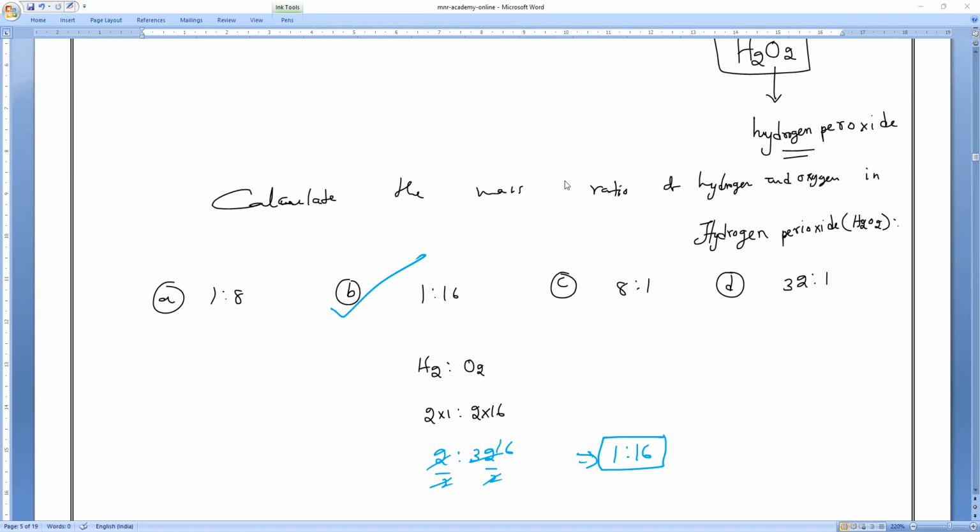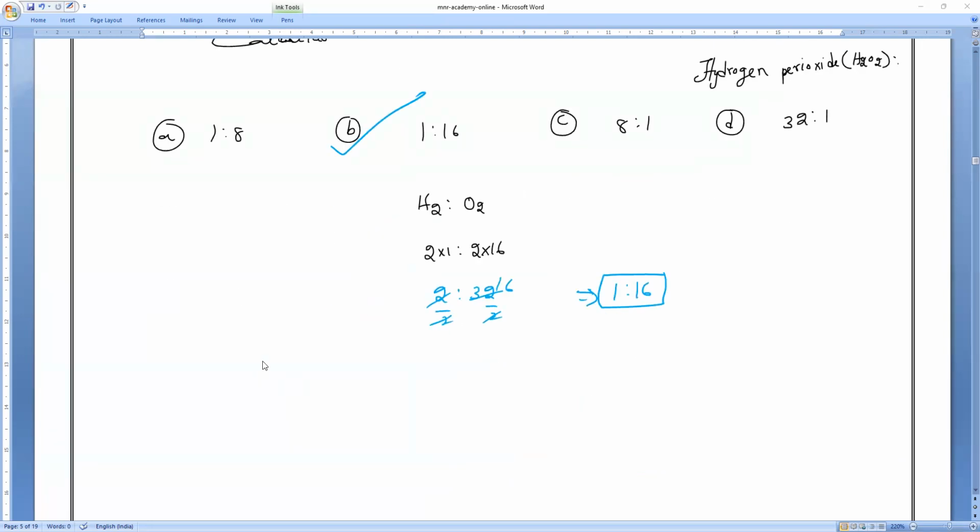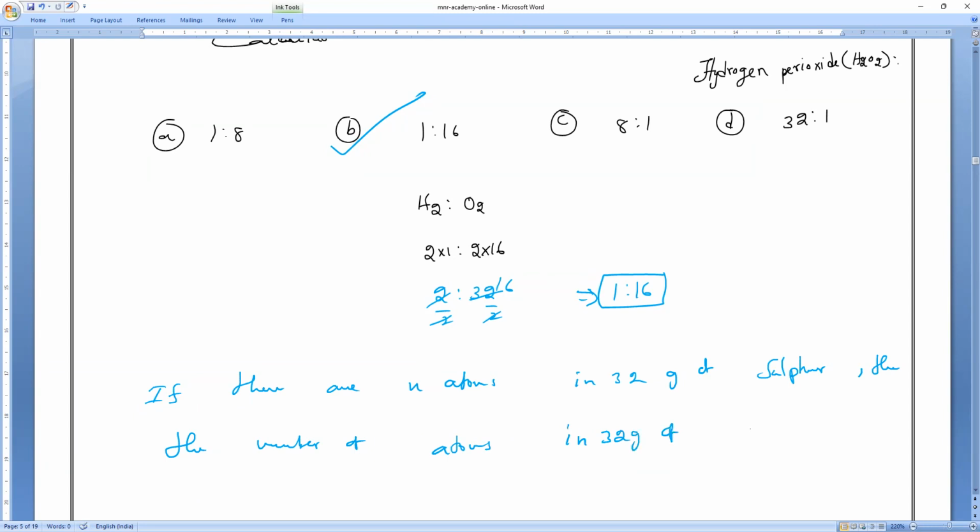Write it, everybody. If there are n atoms in 32 grams of sulfur, then the number of atoms in 32 grams of oxygen will be how many?